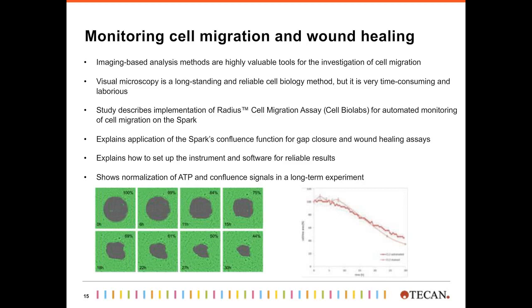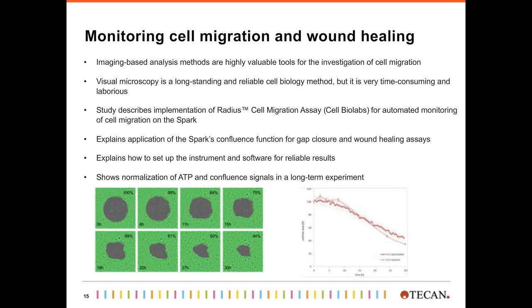And as you see, the results are perfectly comparable between the automated and the manual approach, but notably with the manual approach you lose a lot of data points in an overnight gap, whereas with the Spark you can constantly measure the repopulation of the cell-free area and don't lose any data points at all.